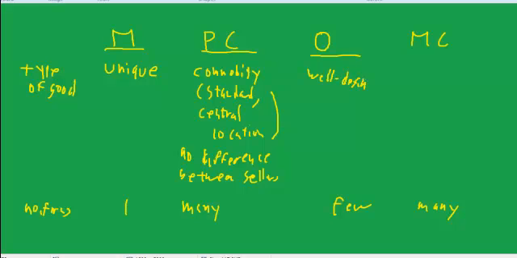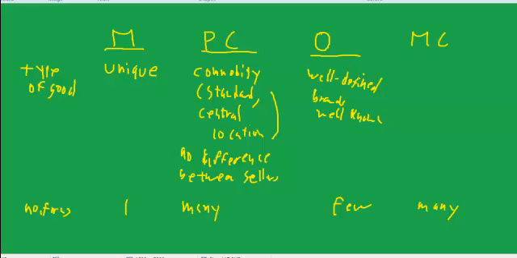So oligopolies that we have, like for example the cell phone providers. There are not that many cell phone providers. There are just a few. They're well-defined, and the brands are well-known. We know who the sellers are in the cell phone market, or in broadband internet.